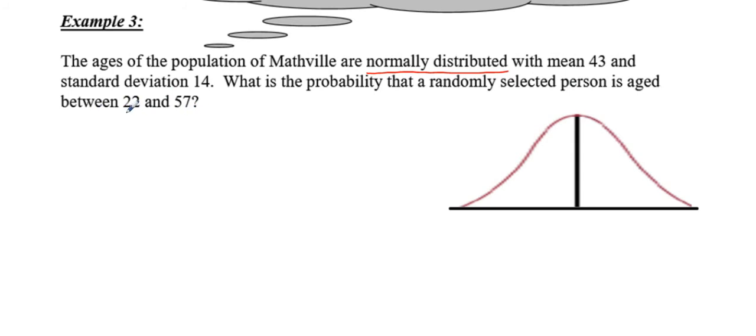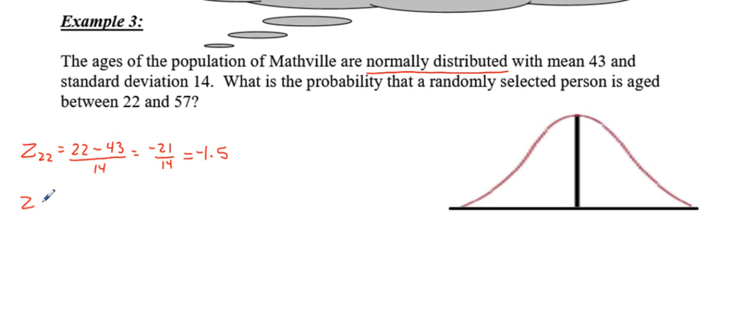So what we have to do is find the z-score of both of those. So the z-score of 22 is the data minus the mean divided by the standard deviation. So that works out to negative 21 over 14, which is negative 1.5.